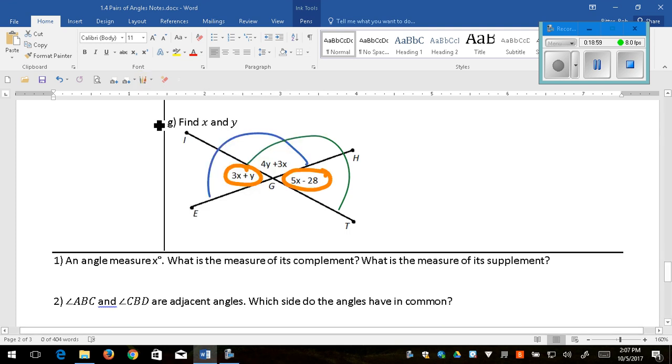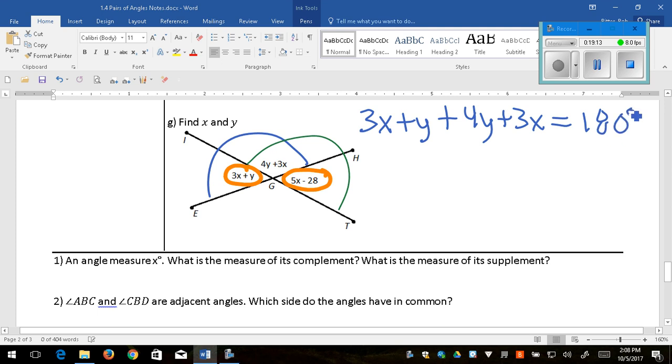You may have, let me write the one for the blue equation, written that 3x plus y plus 4y plus 3x equals 180, because the adjacent angles in this linear pair form a straight angle, they add to 180 degrees.